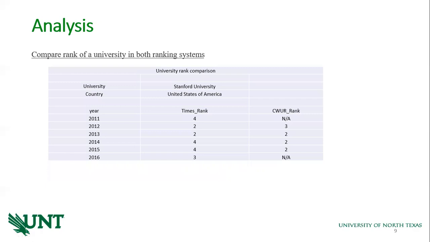The first goal is to compare the rank of a university in both ranking systems. If you look at this table, I identified the Stanford University rank in both ranking systems for different years. In the year 2015, the Times ranking gave Stanford University the fourth rank, and the CWR ranking system gave it the second rank.